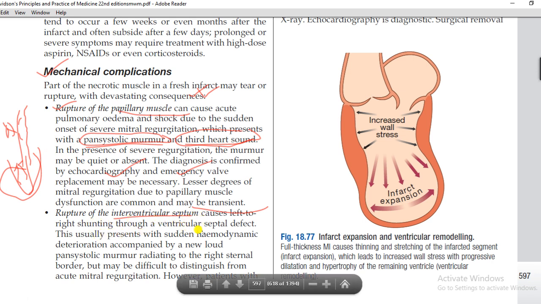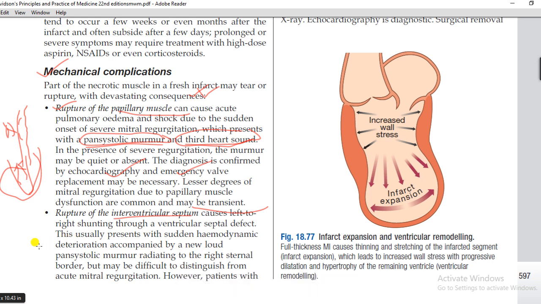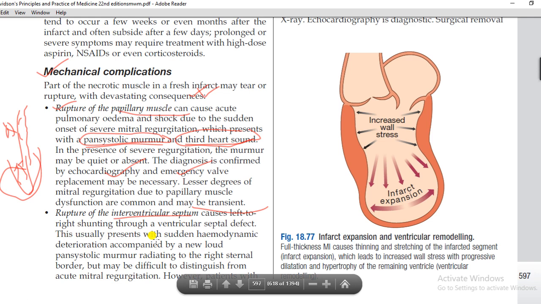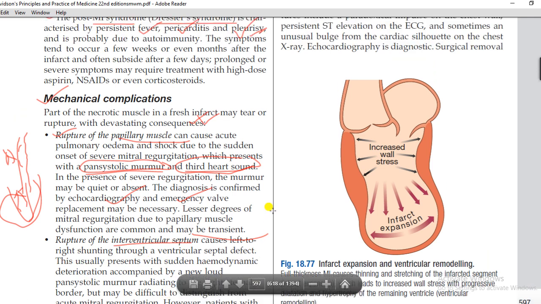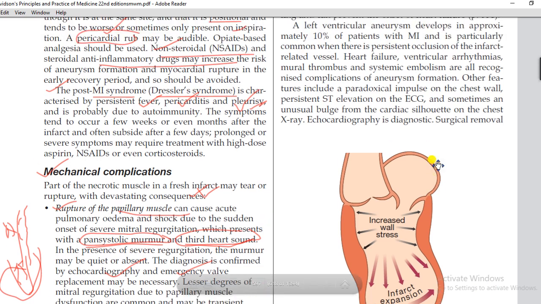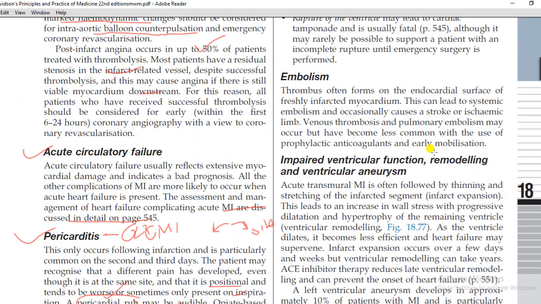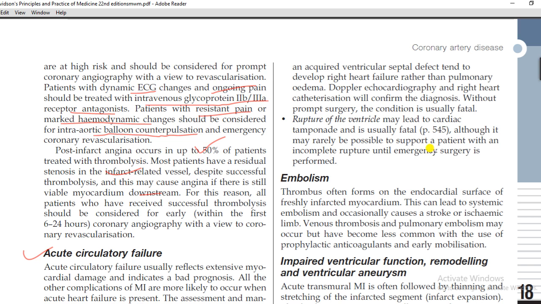This usually presents with sudden hemodynamic deterioration accompanied by a new loud pansystolic murmur radiating to the right sternal border, but it may be difficult to distinguish from acute mitral regurgitation. However, patients with an acquired ventricular septal defect tend to develop right heart failure rather than pulmonary edema.